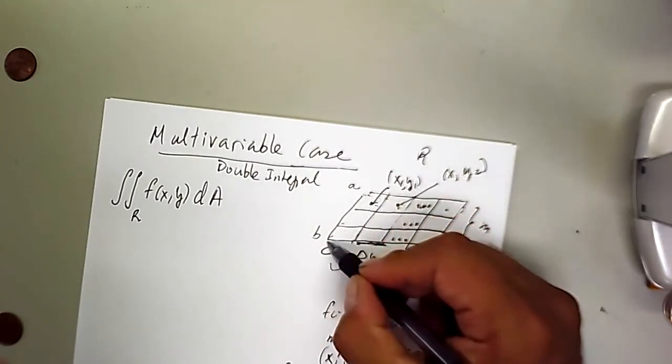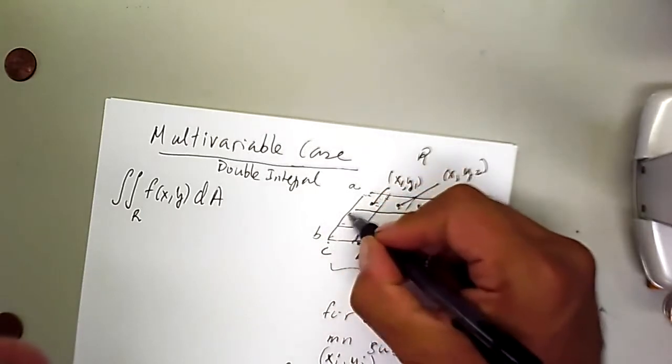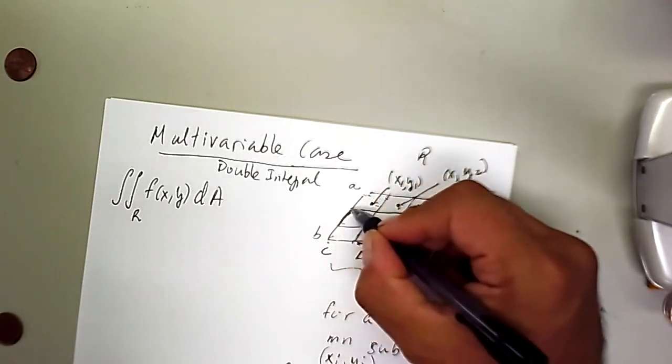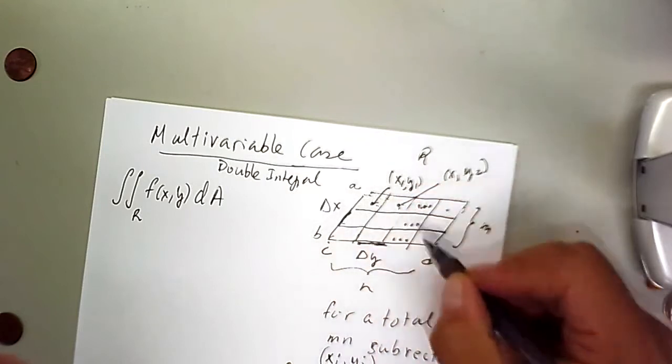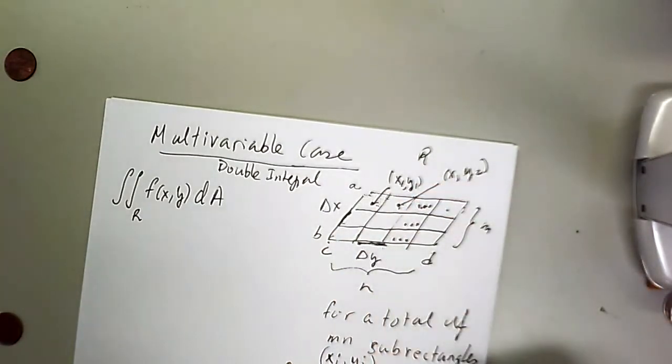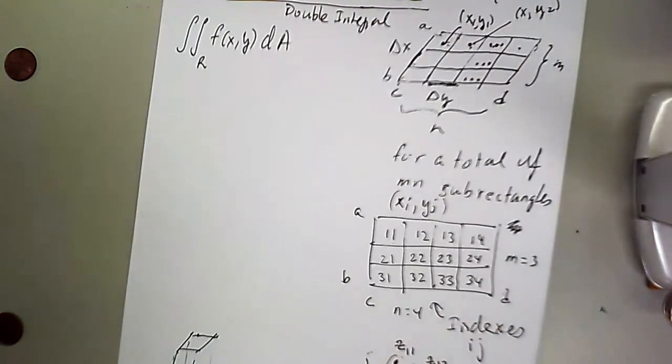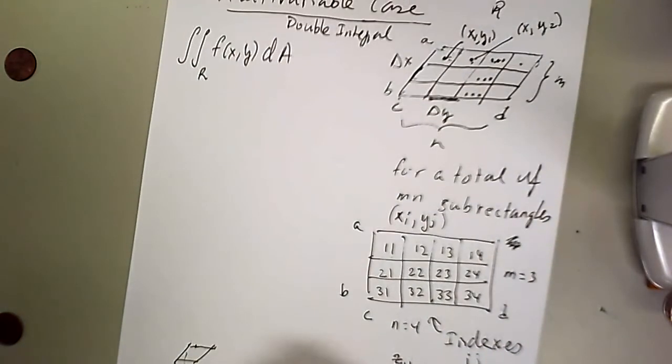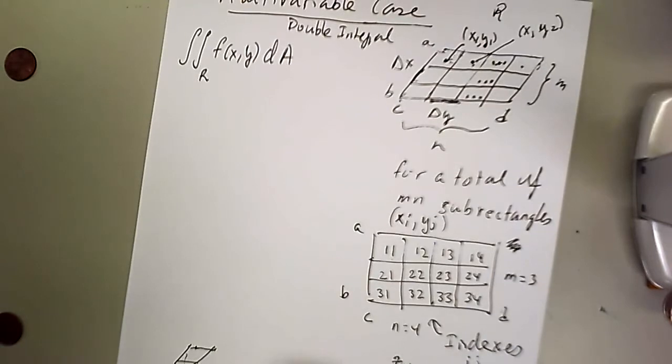A and B are numbers relative to x. So each one of those sub lengths are going to be delta x's, delta y. Yep. So we have delta y, delta x, and then the height is going to be each corresponding z.